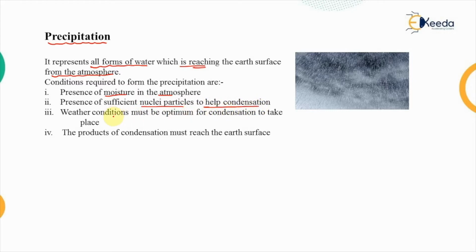Third, weather conditions must be optimum for condensation to take place, and these products of condensation must reach the earth surface. Because if the precipitation is obstructed by any natural or man-made object, then that is known as interception and not precipitation.